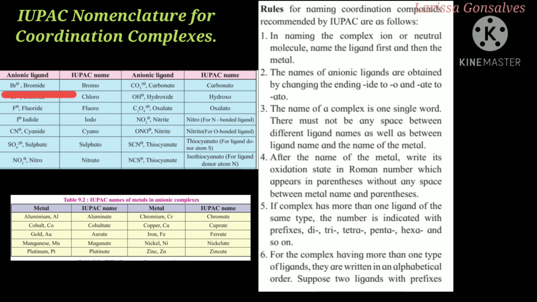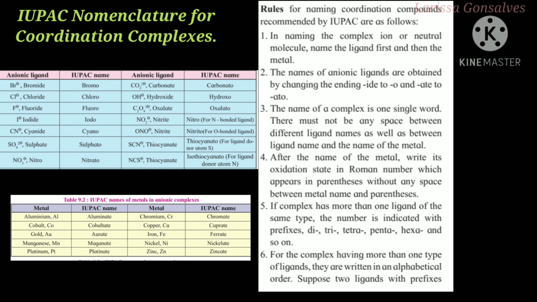So bromide becomes bromo. Similar in case of chloride, fluoride, iodide and cyanide. The other conversion is the ionic ligands ending with "ate" to "ato". So if you look here at sulfate, it is ending with "ate". Hence the conversion becomes sulfato. Similar in case of nitrate, it becomes nitrato.